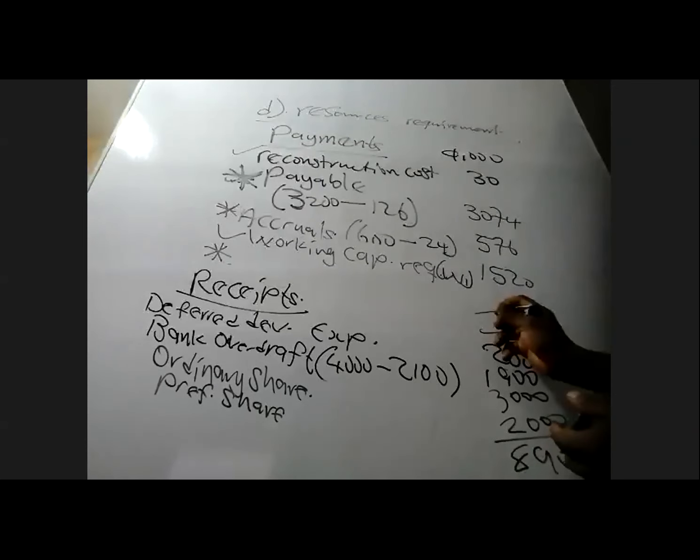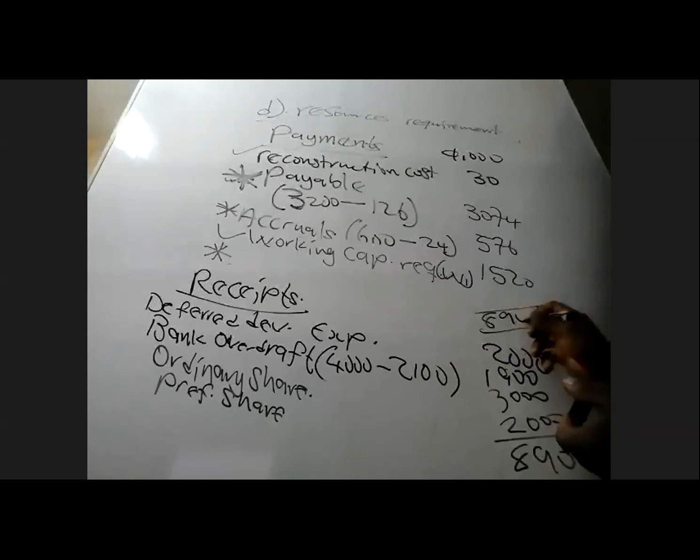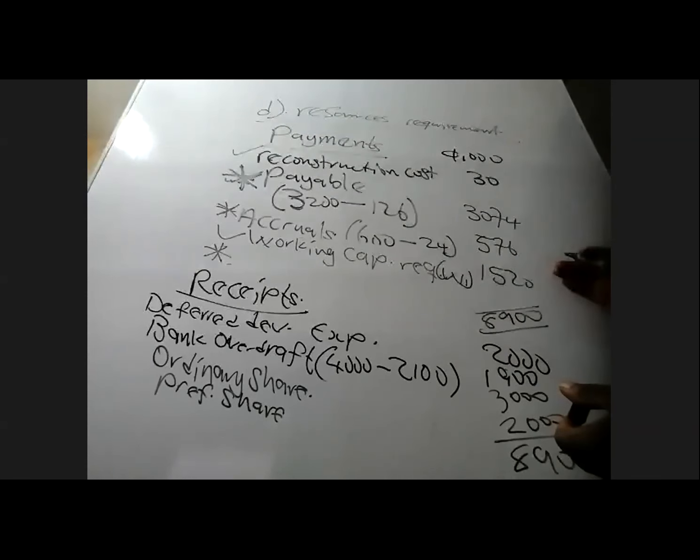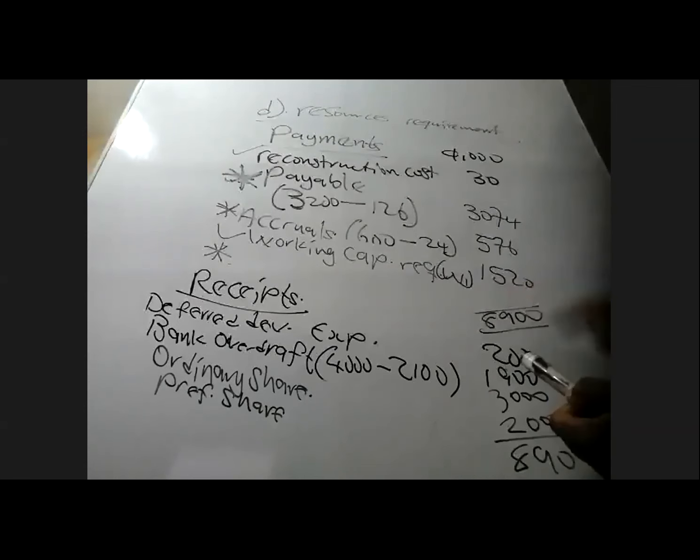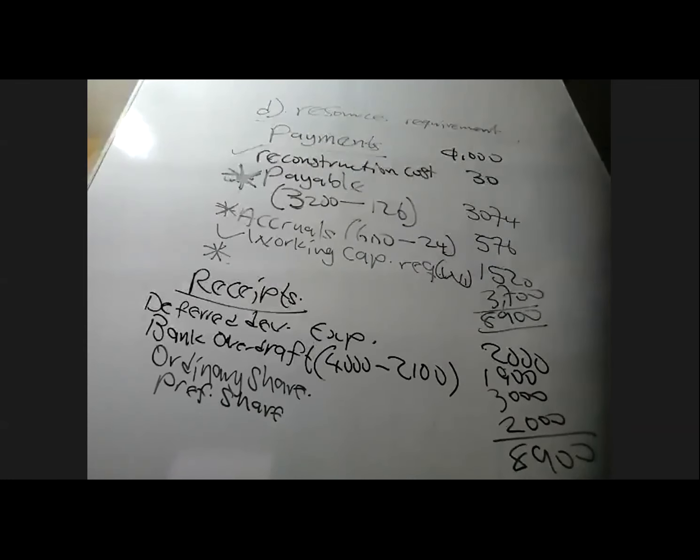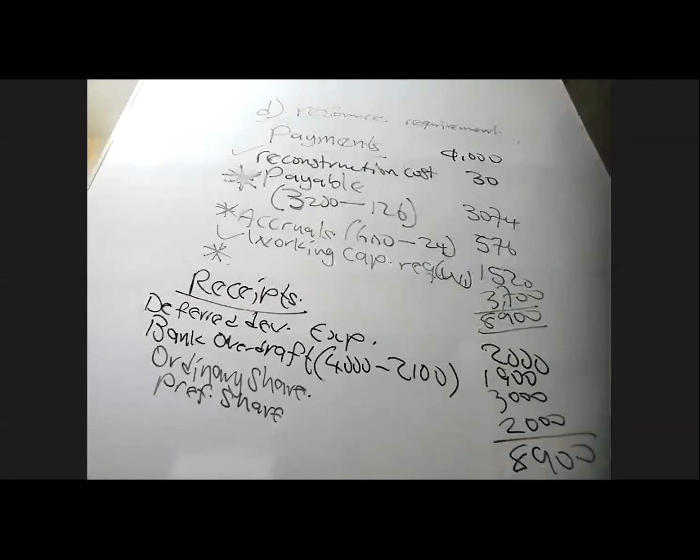So here too must be 8,900, the total of the payment. What's the difference? The difference represents the asset that they should buy. The difference is 3,700. Perfect. So new asset, investment in new assets, because they say the plant is aging.